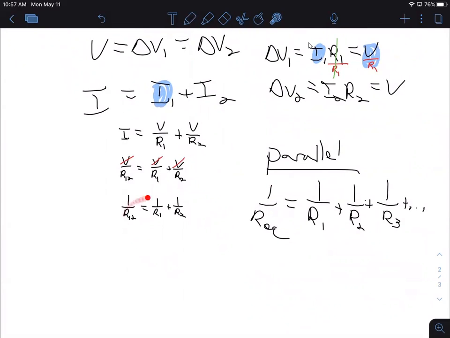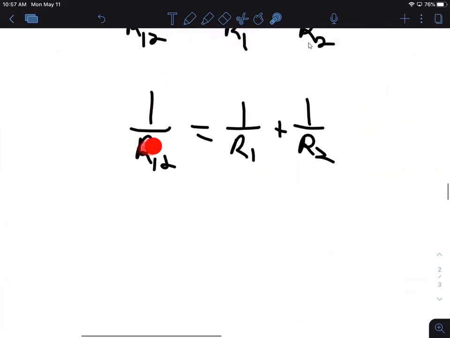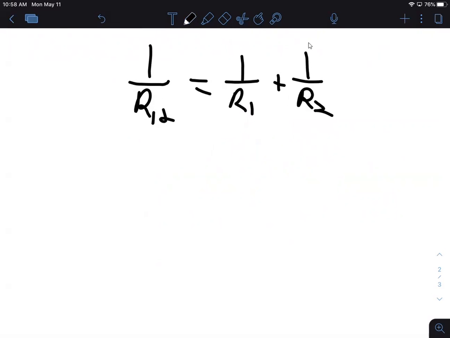Key concept here is mathematically, this number is always less than either of these two numbers. So the equivalent resistance is always less than any of the individual resistors. We could see that with this case of just two resistors. I could say 1 over R12 equals, if I want to get a common denominator, this one could be R2 over R1 R2.